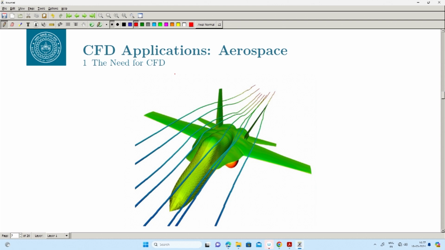So, you can do the simulation by parts, in the sense that you could do the simulation on a wing separately, and the empennage separately, like the control surface separately, okay. You can put a wing with a flap or with a slat and see how those change the aerodynamic characteristics. You can do a simulation on a fuselage separately, and once you are satisfied, you can put all those components together and do a simulation of the full model.